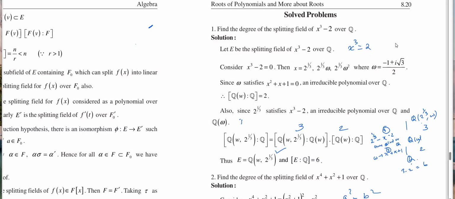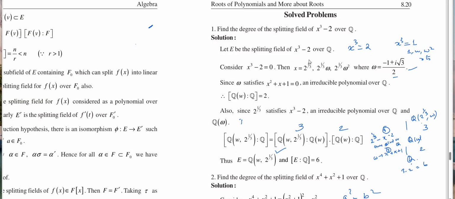But we know that whenever x cube equals 1, we have 1, omega, omega square as the roots. The three cube roots of 1 are 1, omega, omega square, where omega stands for minus 1 plus i root 3 by 2. So naturally this polynomial will have its roots as 2 power 1 by 3, 2 power 1 by 3 omega, 2 power 1 by 3 omega square.